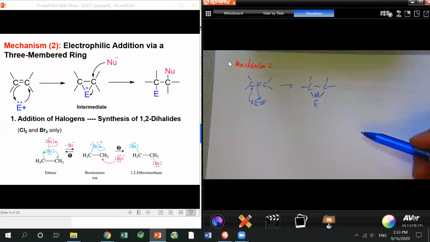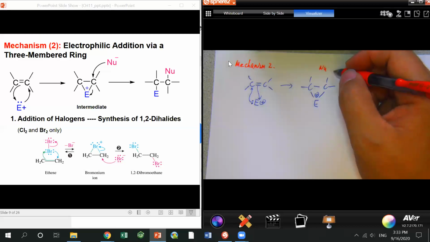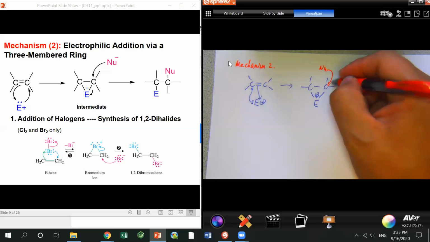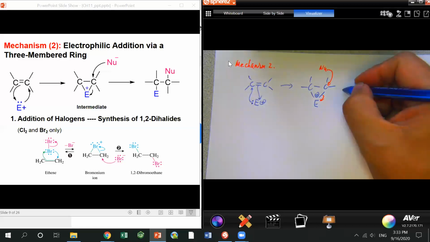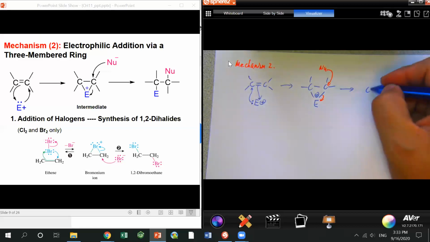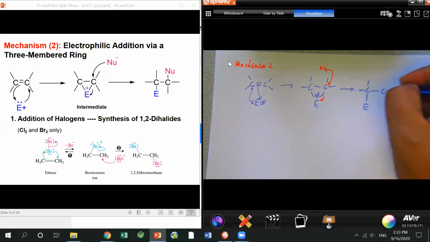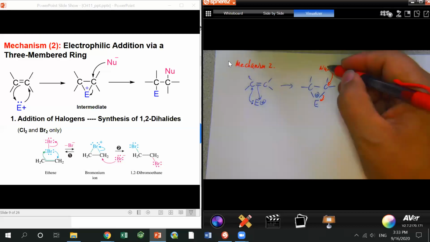Then the nucleophile comes in. Where the nucleophile attacks, I will explain later, as there is some regiochemistry, but here just assume it attacks the right carbon. And then the nucleophile goes here, with a negative charge.